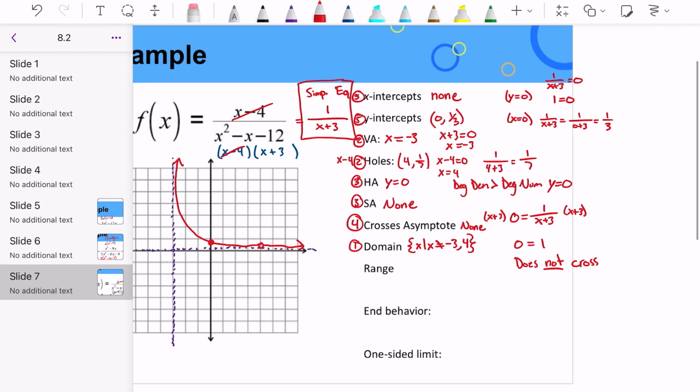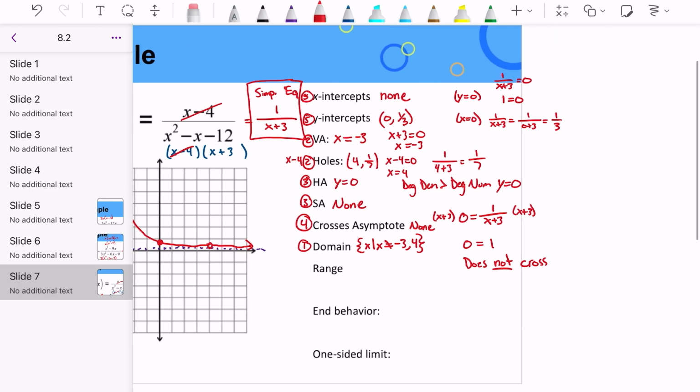Here we have a number like 4 could be used, or sorry, -4 could be used. We're going to go ahead and plug it into our equation. So (x - 4) over (-4) squared minus -4 minus 12.